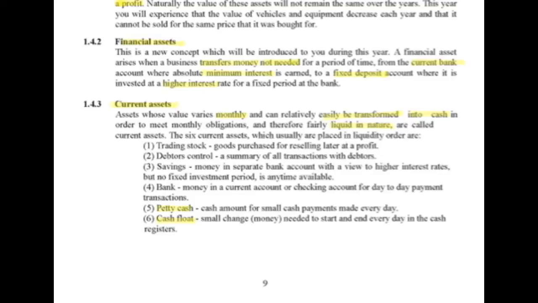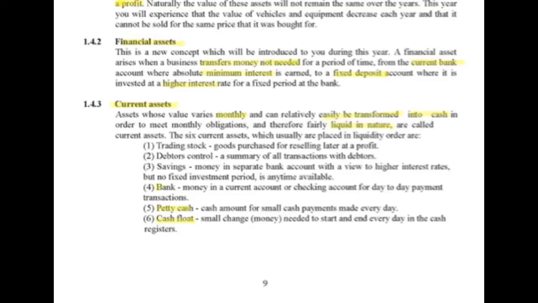Now petty cash is also already in the shop, that's the cash I keep for all the small cash payments that I need to make. So someone's in charge of the petty cash and they can exchange the money or take the money out of the petty cash box at any time needed. So cash float, petty cash, it's my easiest forms of cash because it's already in the shop, it's already cash, it's easy.